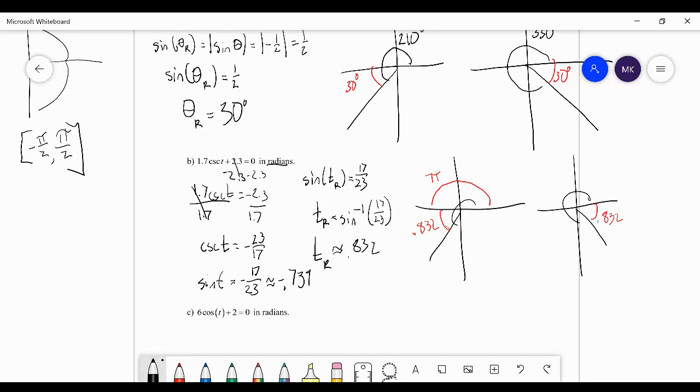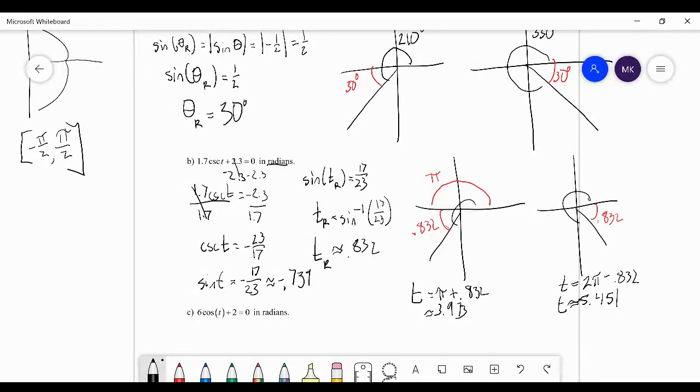So to figure out what that t is, it's just pi plus 0.832, and we get 3.973. Over here, t is equal to 2 pi minus 0.832, and we get that t is approximately 5.451. And so that gives us our trig values here.